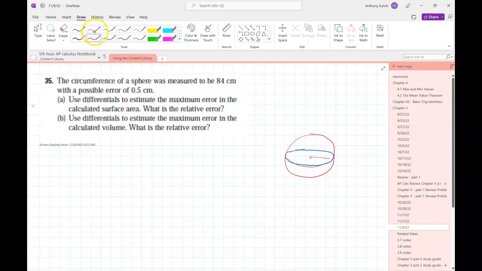So circumference for a circle is 2 pi r, and the surface area for a sphere is 4 pi r squared. I'm told about the circumference, so I'm just going to solve this circumference equation for radius, so I can then plug that into my surface area equation.